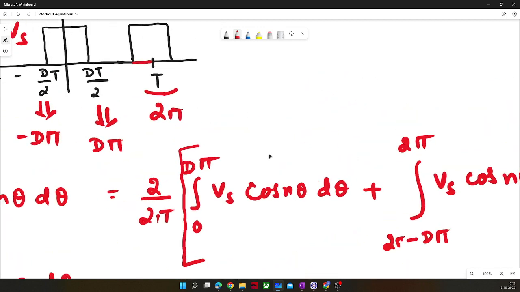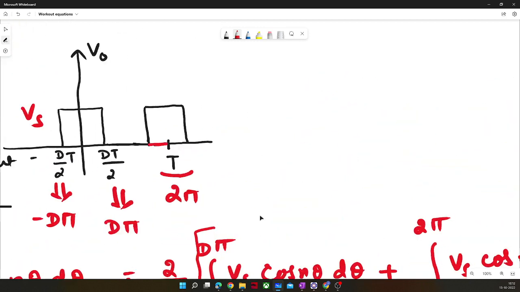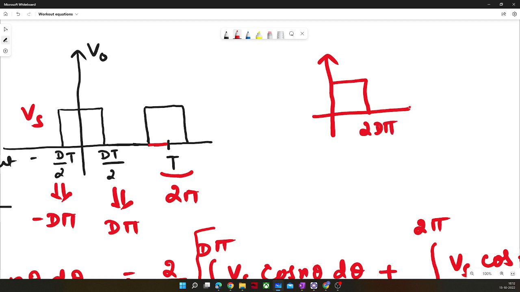For this kind of waveform, if it would be shifted like earlier, let's say it was earlier from 0 to 2 d pi, right? Why am I writing 2 d pi? Because earlier it is conducting d period for 2 pi times of time period, right?